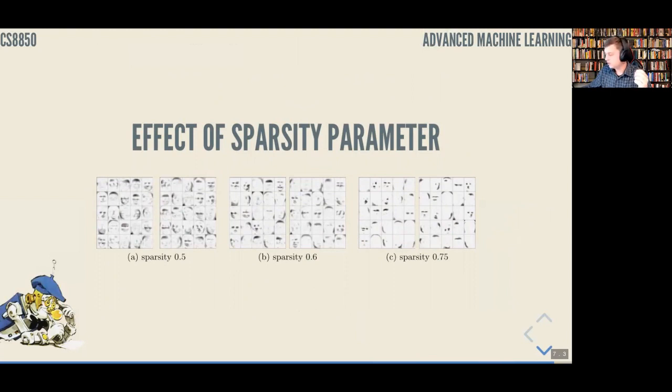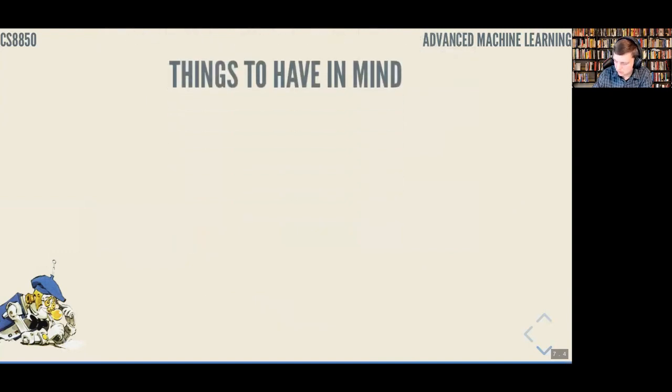I don't have enough time to talk about it, but basically, now you have non-negativity that gives you some sparsity, and then you can control the sparsity as a dial if you put an additional constraint on, say, W, I believe, if you're saying that you want to minimize the L1 norm of W together with minimizing the reconstruction error of NMF. Just a comment. So there are things to have in mind.